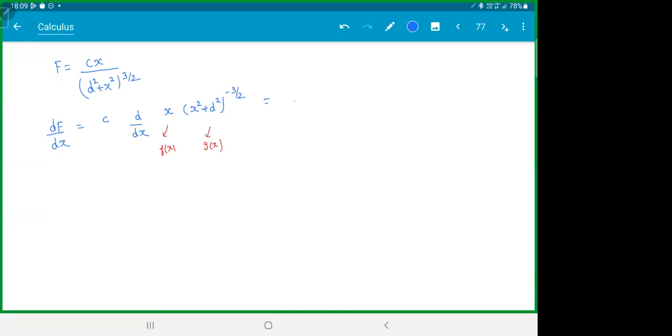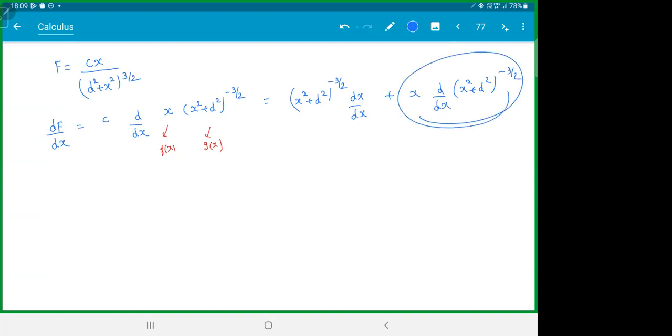So when you differentiate it, this will be x square plus d square whole power minus 3 by 2 and dx by dx, plus x comes out and then differential of x square plus d square whole power minus 3 by 2. Remember, you have to use chain rule for this. So this will be x square plus d square whole power minus 3 by 2 plus x into minus 3 by 2.